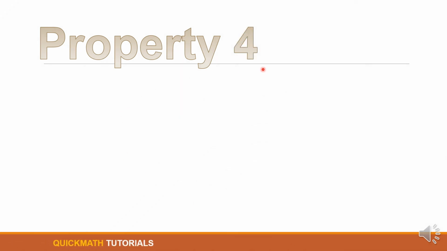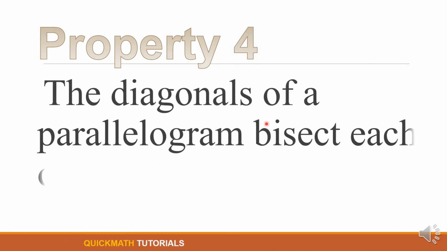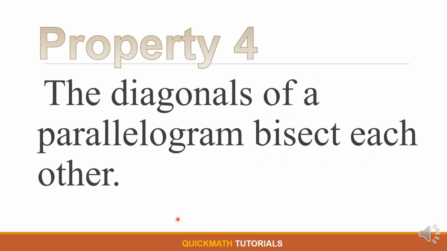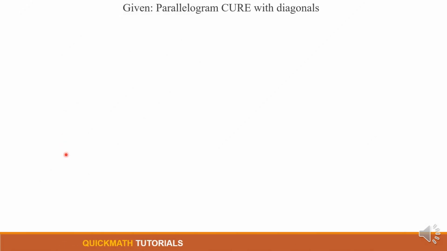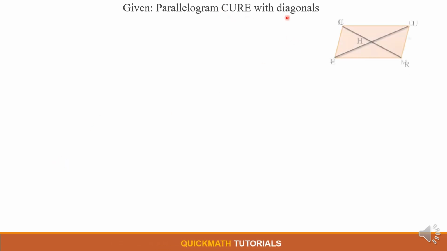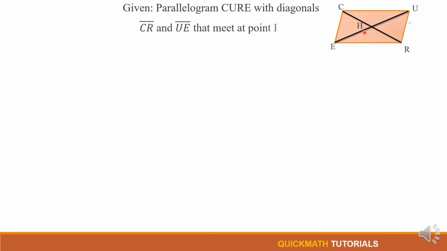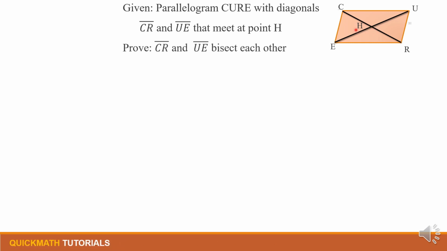For property number 4, the diagonals of a parallelogram bisect each other. Given the parallelogram CURE with diagonals line segment CR and line segment UE that meet at point H. So here, we will prove that line segment CR and line segment UE bisect each other, since property number 4 says that the diagonals of a parallelogram bisect each other.